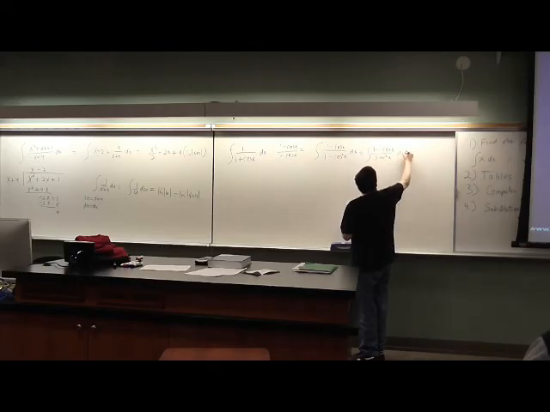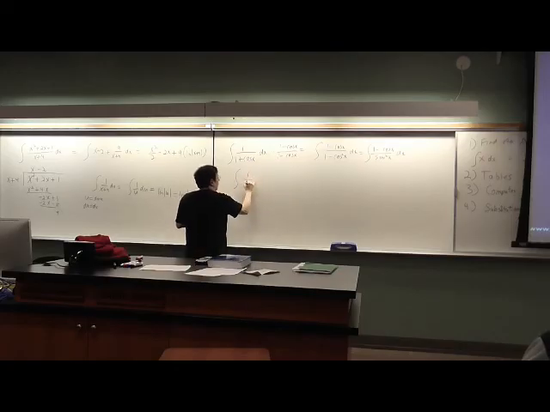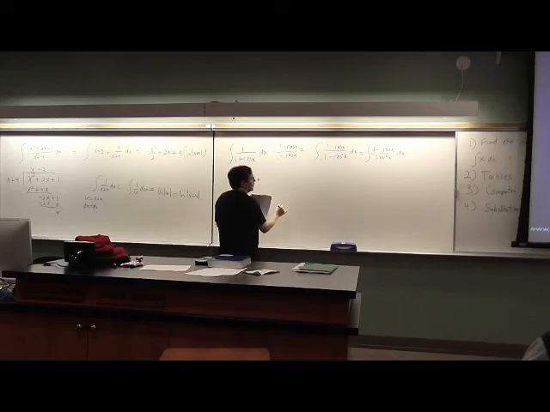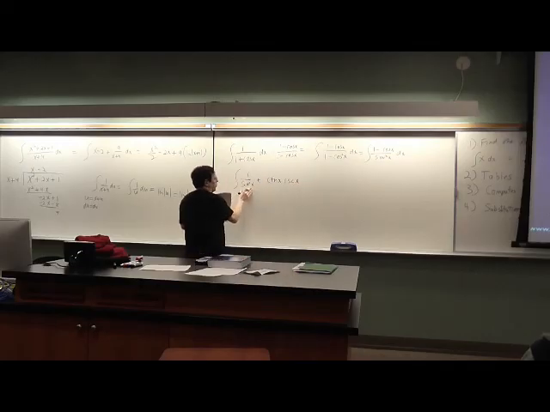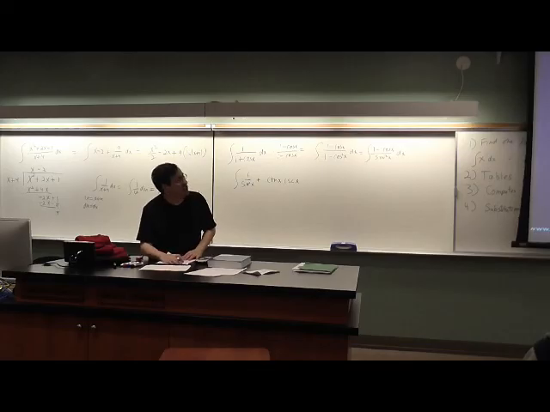I'm going to break this up. 1 over sine squared x plus cosine over sine squared, that's cotangent times cosecant. And this, of course, is cosecant squared, which we talked about earlier. And there you go.